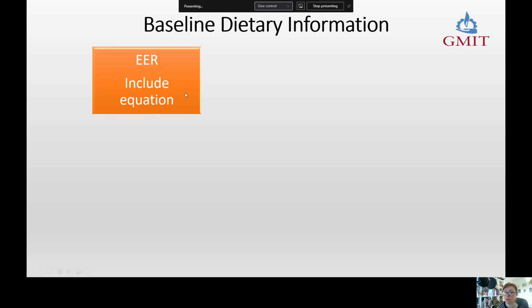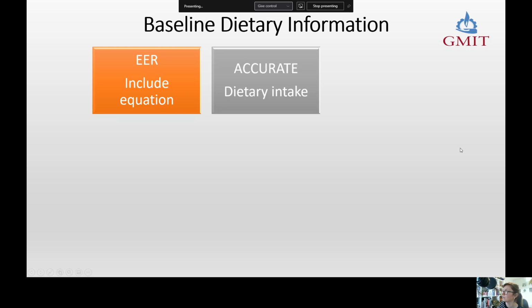If you have percentage body fat information, then I would use McCardle-Katch or Cunningham. So make sure you calculate estimated energy requirements. It's such a fundamental of a dietary intervention.